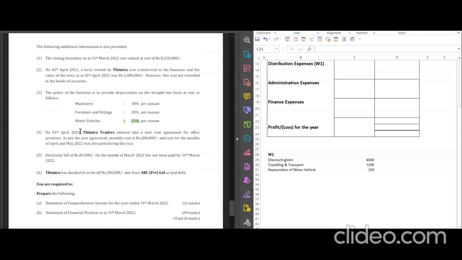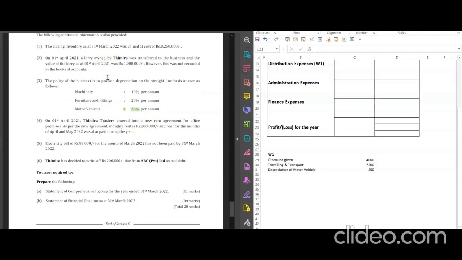You can see under the additional information that we have already added certain things, and you can see that electricity is not a distribution expense, it's an administration expense. And rent, that rent agreement, is also an administration expense. Then Timira has decided to write off 200,000 due from ABC Private Limited.